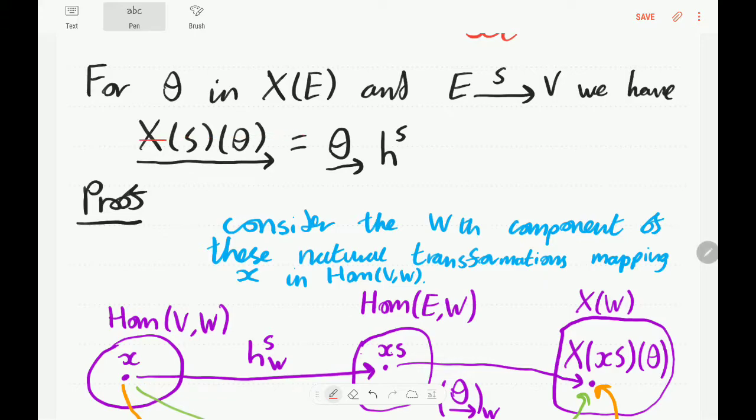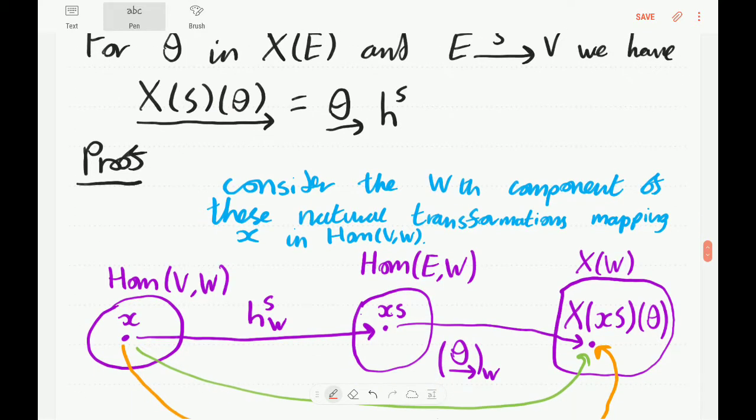So we'll look at the W component of these natural transformations, and that's just going to be a function from Hom V comma W to X of W, and we want to show that those two functions are equal. So we're just going to show that those functions work the same way if we think about how they're working on an arbitrary element X of Hom V comma W.